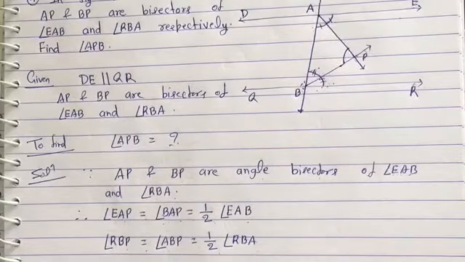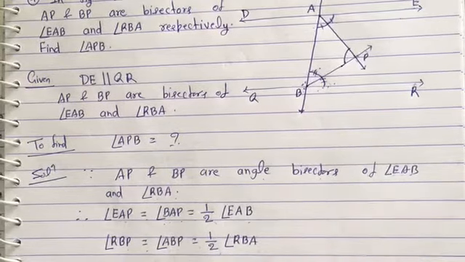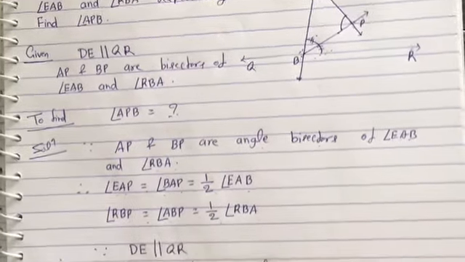And you know it very well, when two angles are interior and on the same side of the transversal, they are co-interior angles.